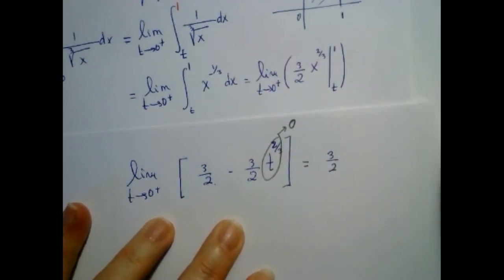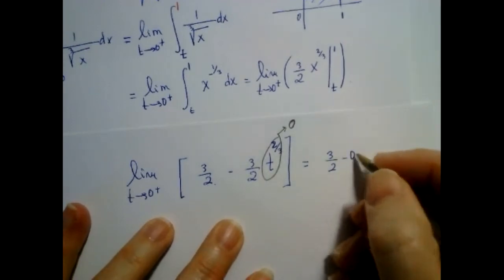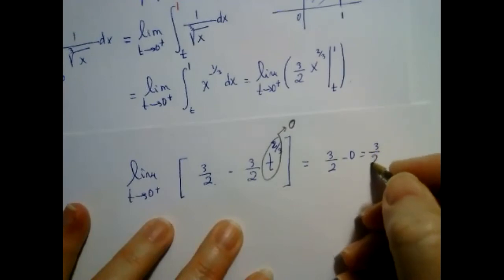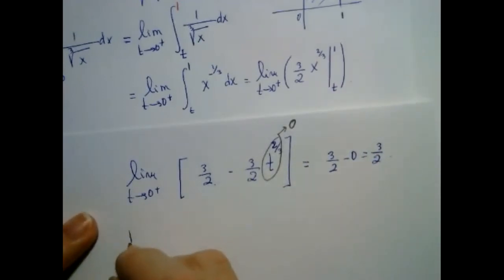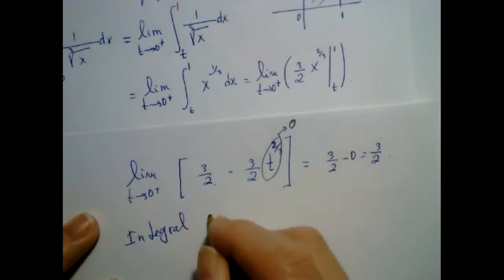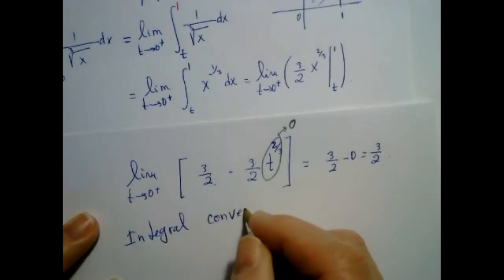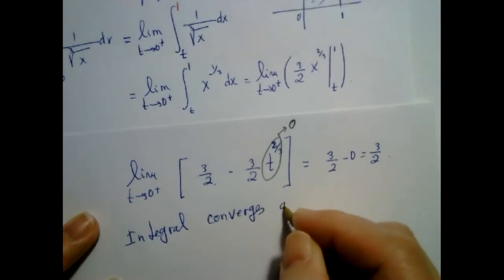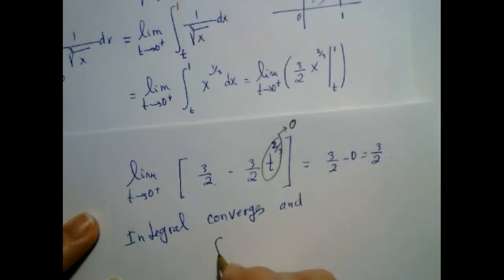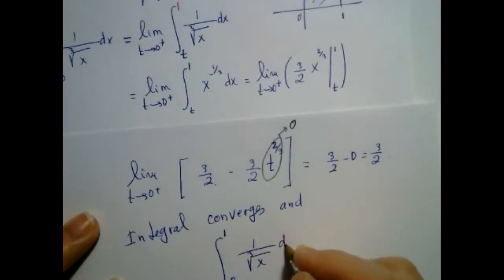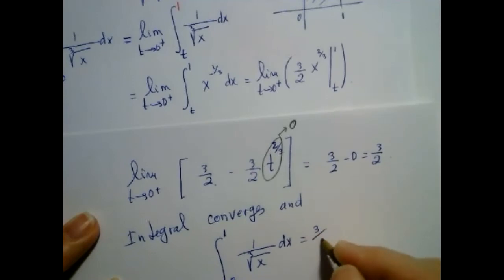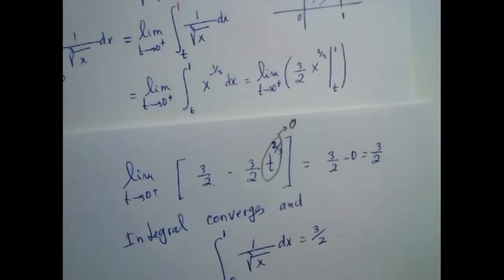So this is equal to 3/2 minus 0, which is 3/2. It means the integral converges, and by the definition, its value is equal to 3/2. That's the value of this integral.